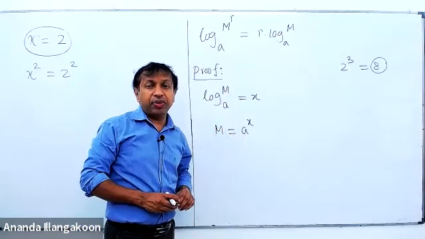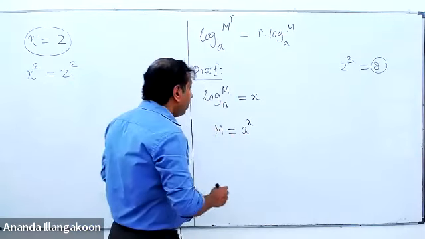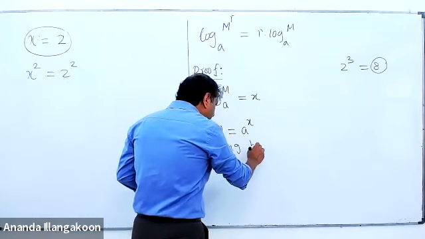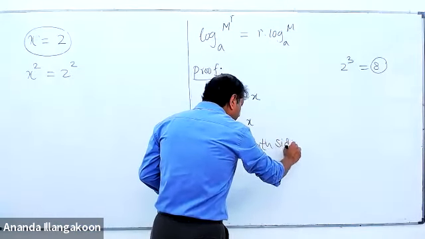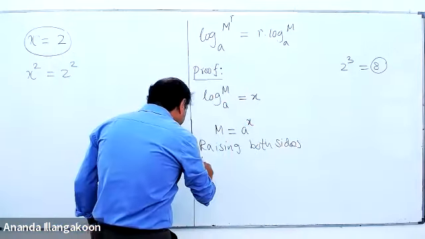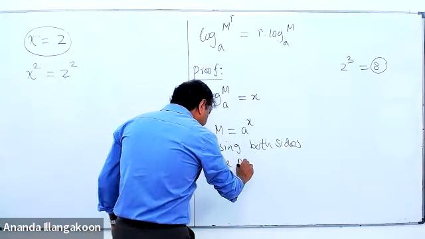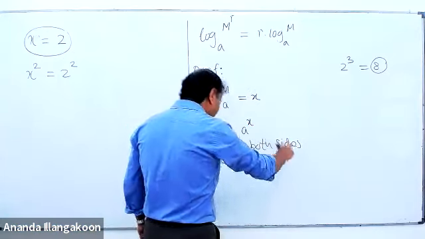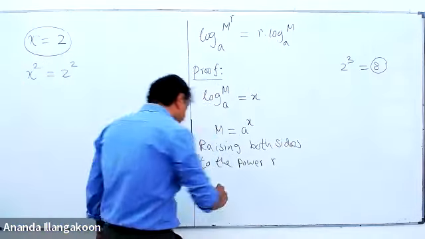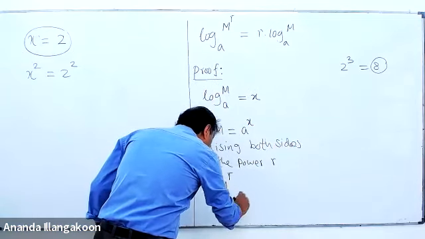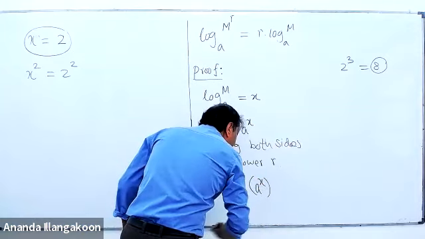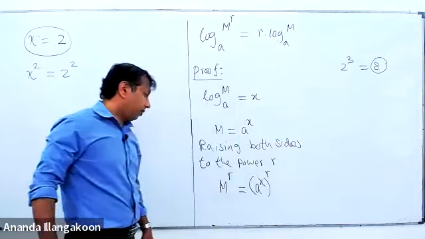I take the power on both sides as a simple r. Raising both sides to the power r, the left hand side m to the power r equals the right hand side a to the power x, all to the power r.